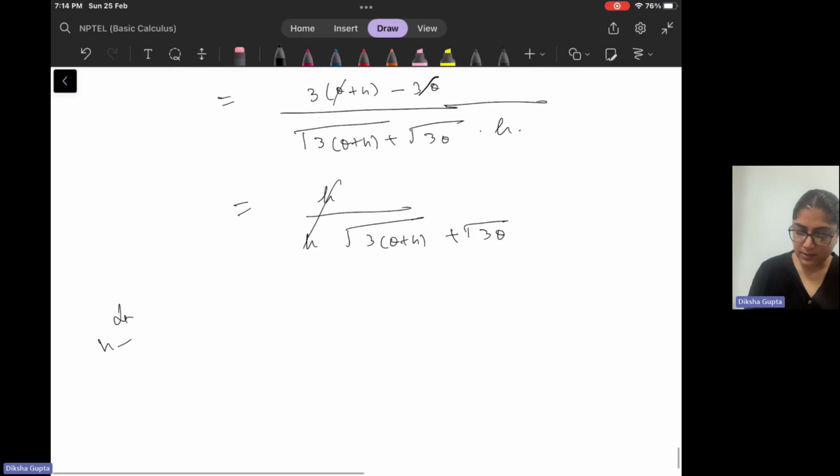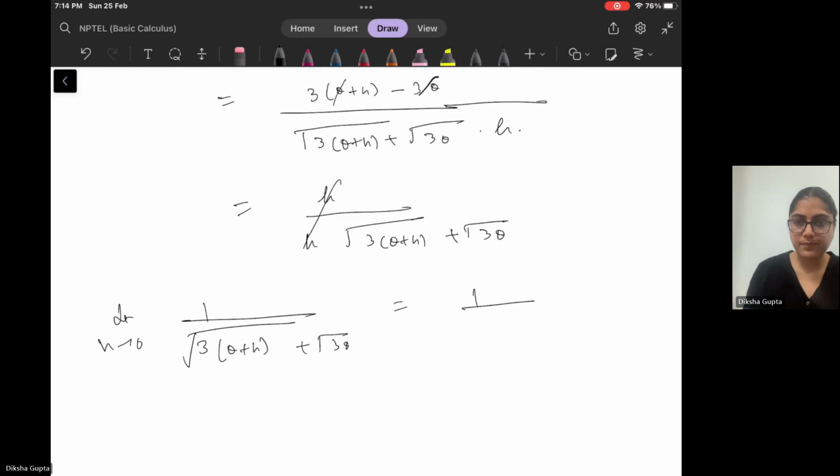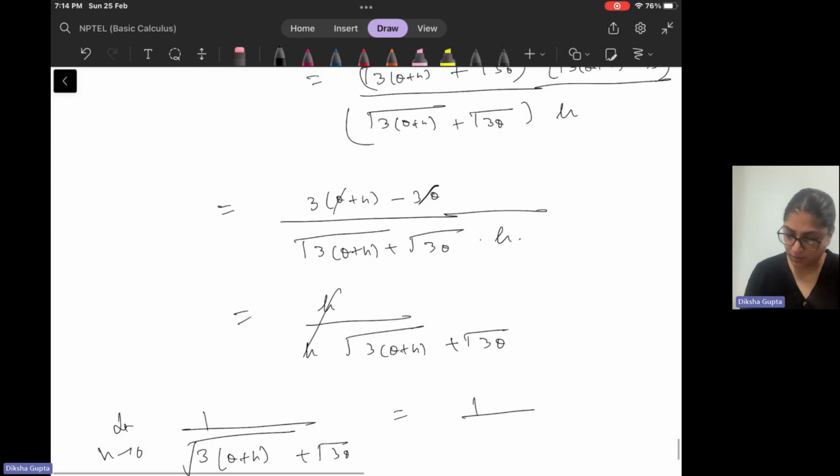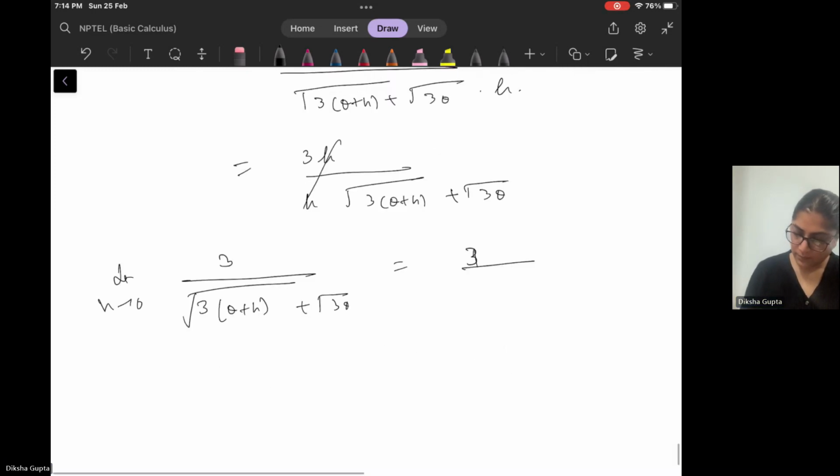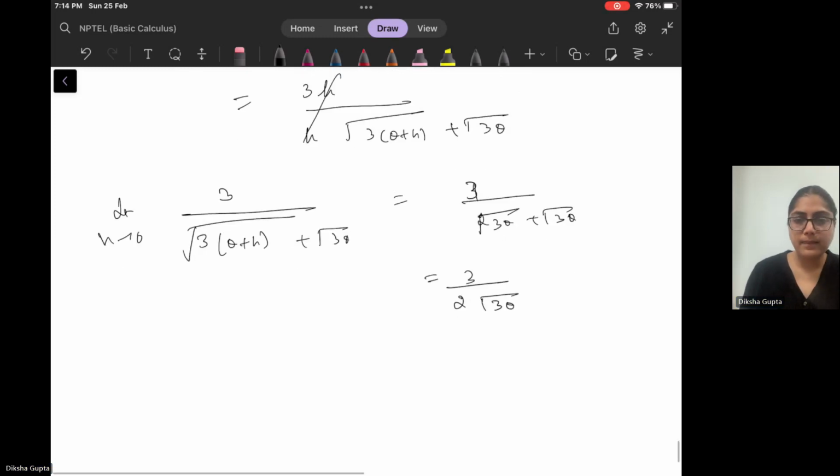So limit h tending to 0, 3 upon under root 3 theta plus h plus under root 3 theta. We will get 3 upon 2 under root 3 theta, right?